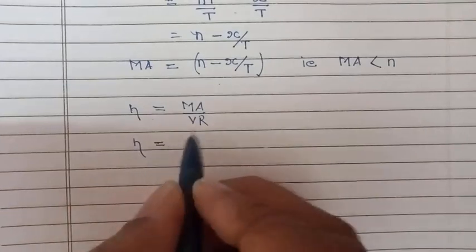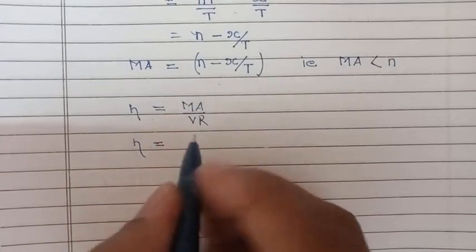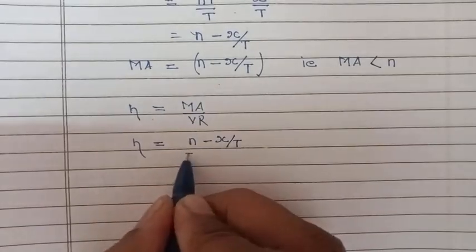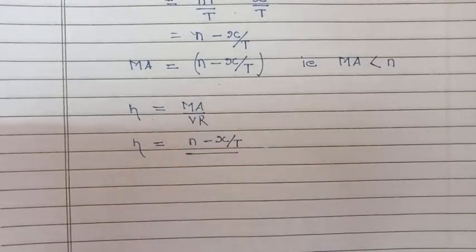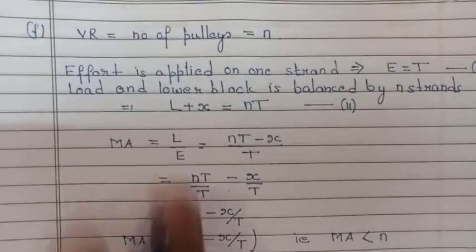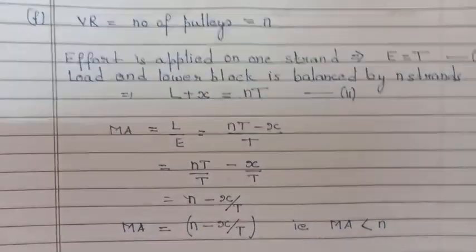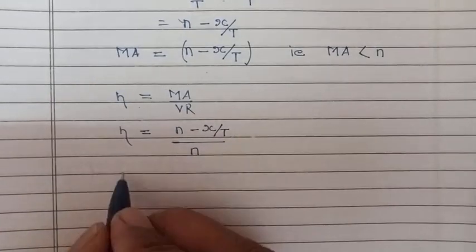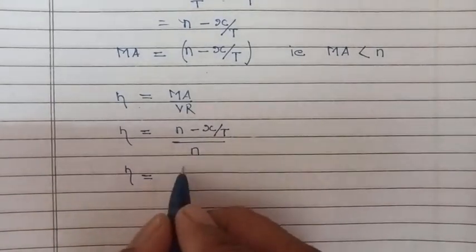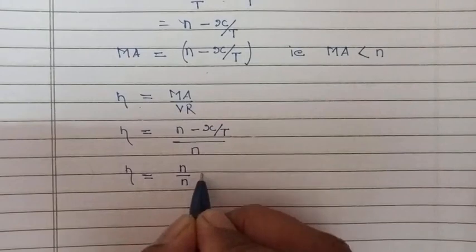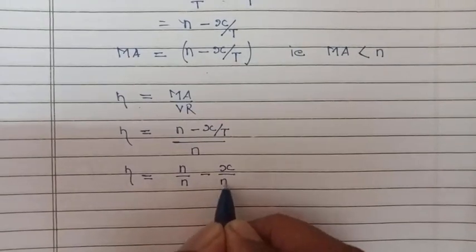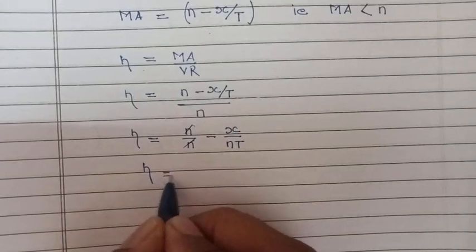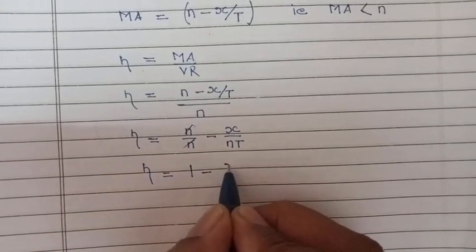So in place of MA you can write n minus x by T upon VR. Now VR is equal to the number of pulleys, n. So efficiency is equal to n minus x upon T, divided by n. Breaking it, n upon n will cancel out, so efficiency comes to 1 minus x upon nT.